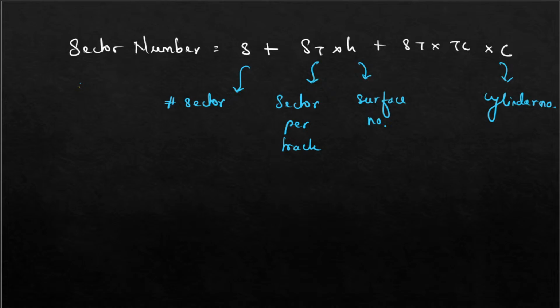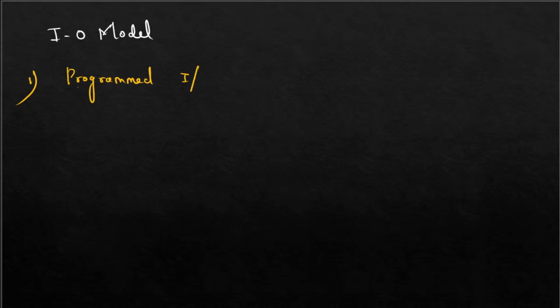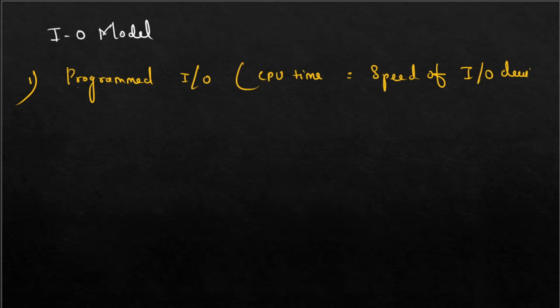Now let's see IO models. Okay. First is programmed IO, where CPU time equals to speed of IO device.